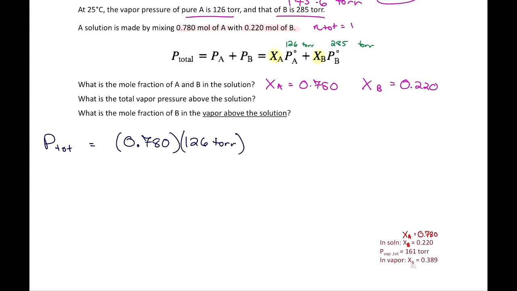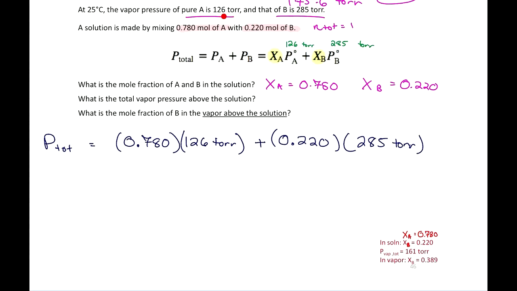That's the pure vapor pressure of A, plus 22% B times its pure vapor pressure, 285 torr. Okay, before I even calculate this, tell me, based upon the composition of this solution, it's 78% A, 22% B. Will the total pressure of this mixture be closer to 126 torr or closer to 285 torr? Which one is it going to be closer to?